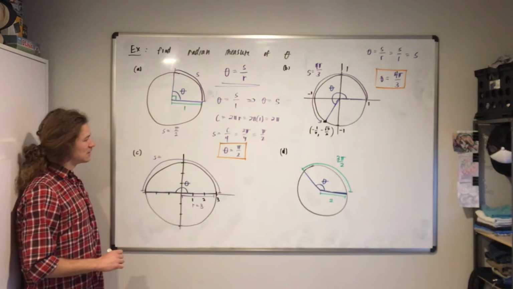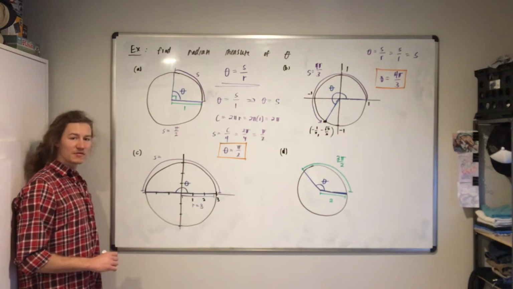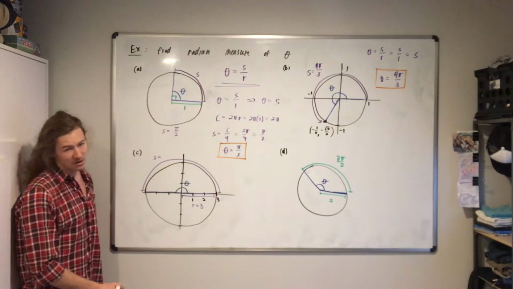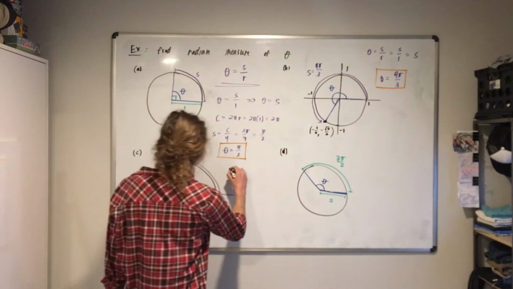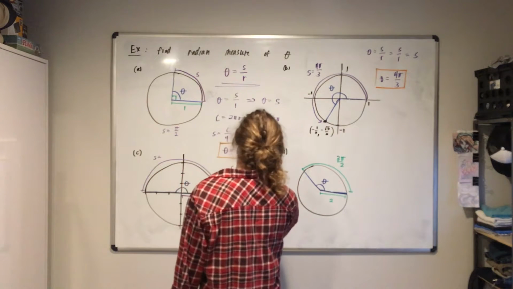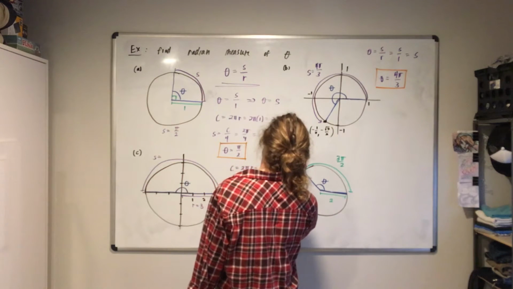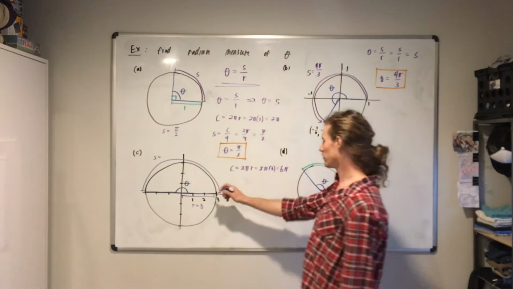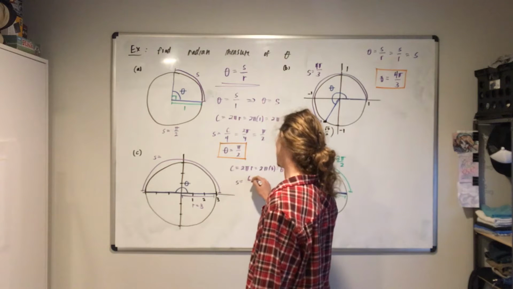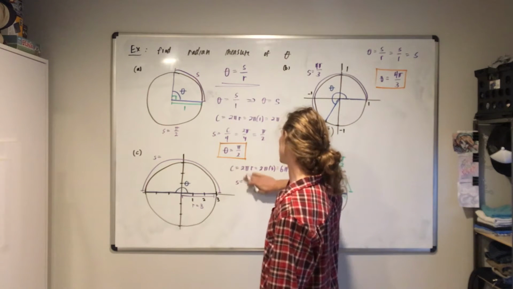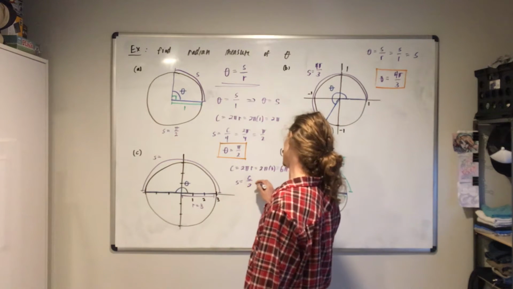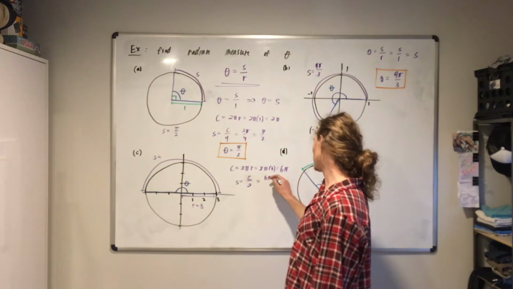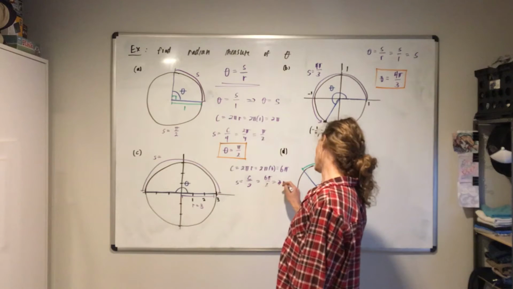To find that arc length, we will use the equation for the circumference of a circle, and note that we want half of that circumference as the arc length we're interested in. Our circumference is 2 pi times r, or 2 pi times 3, or 6 pi. We're looking for half of that circumference, since we're going just halfway around our circle, so 6 pi divided by 2, or 3 pi.